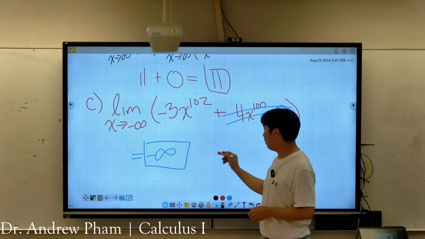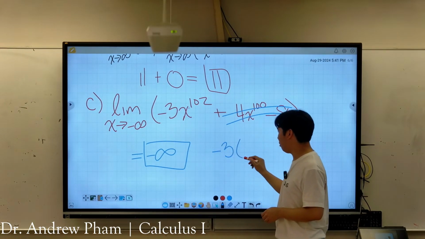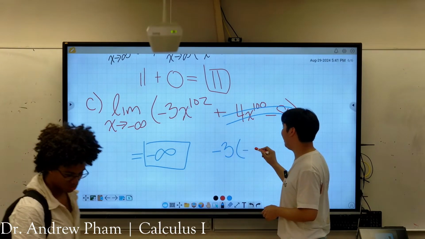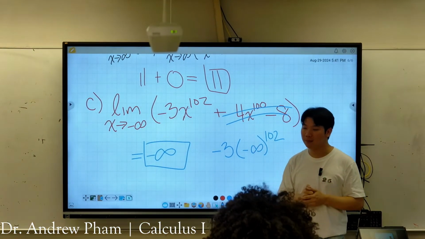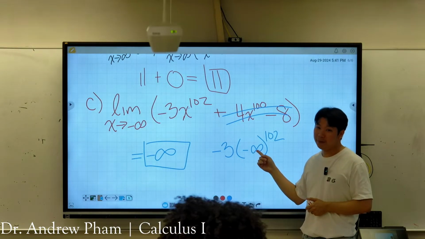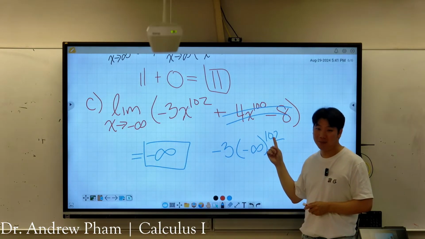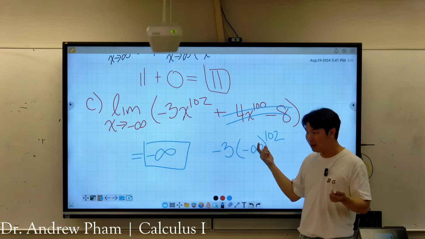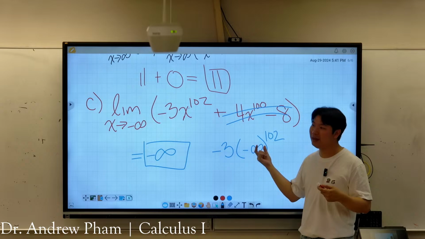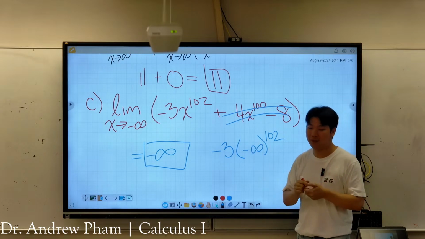Well, if I take this and I want to use this rule, let's say I plug in negative infinity, just for concept's sake. Negative infinity to an even power becomes positive infinity. Huge negative number, even power, it's a huge positive number.